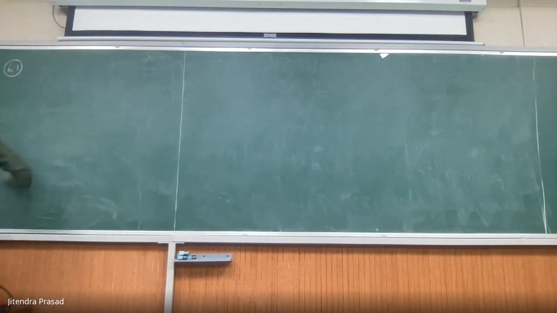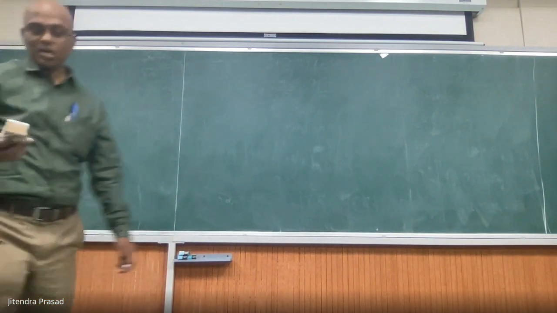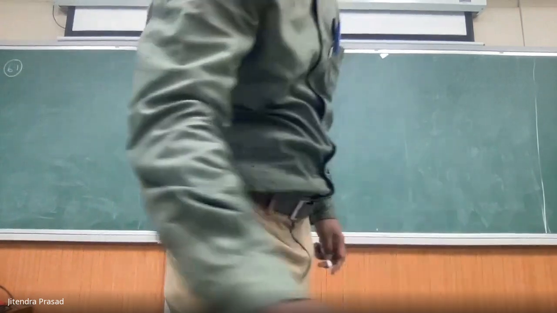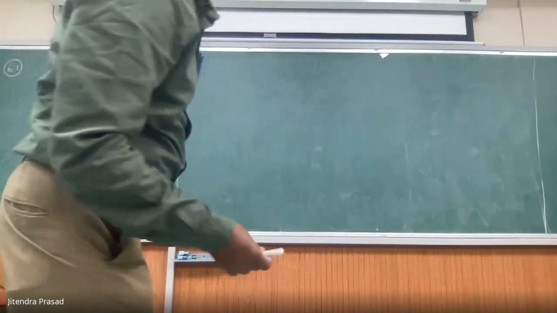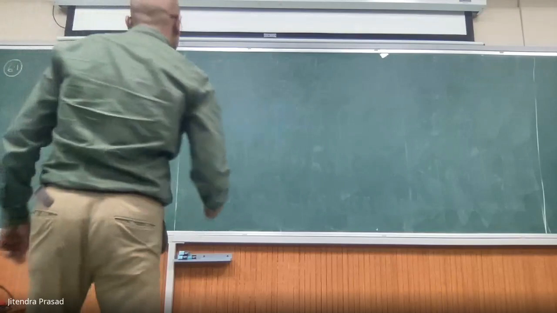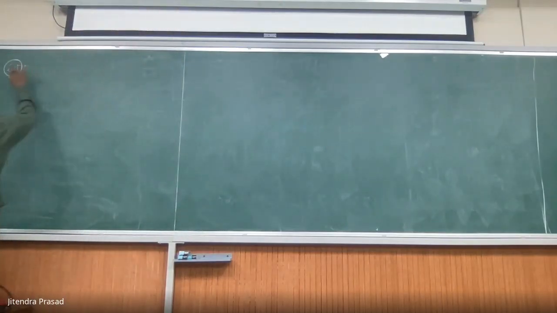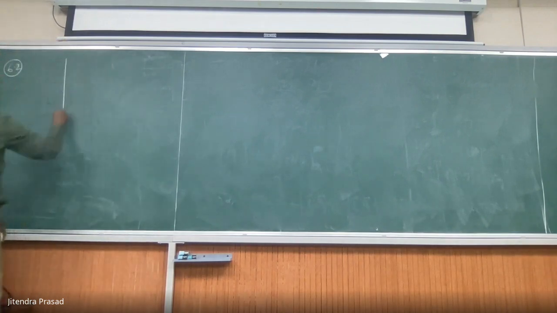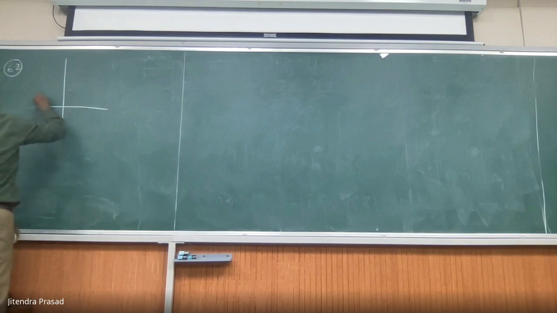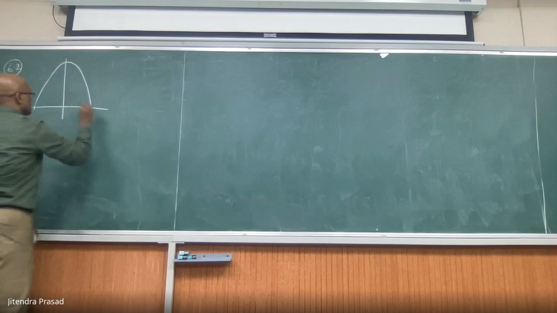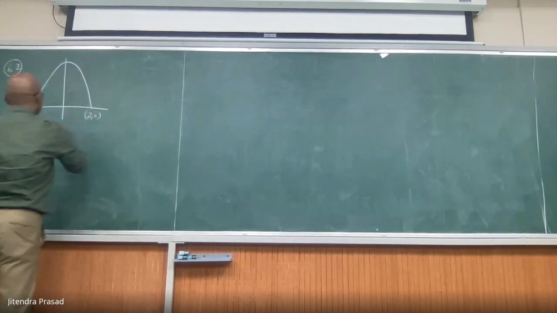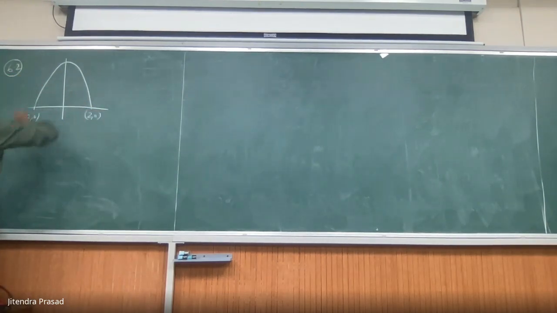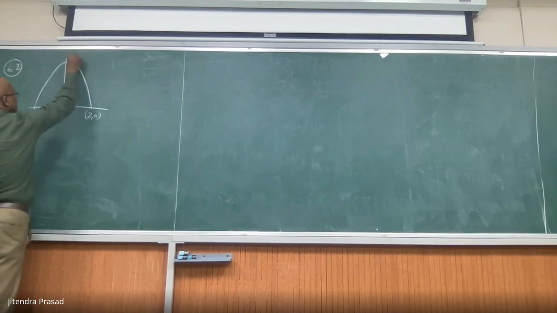Okay, so number 2 we look at, we will just discuss how to solve this problem. The rest we should do ourselves, but the problem is something like this. The domain is given, and the domain is something like this, and you have 2, 0, minus 2, 0, and you have 0, 4.